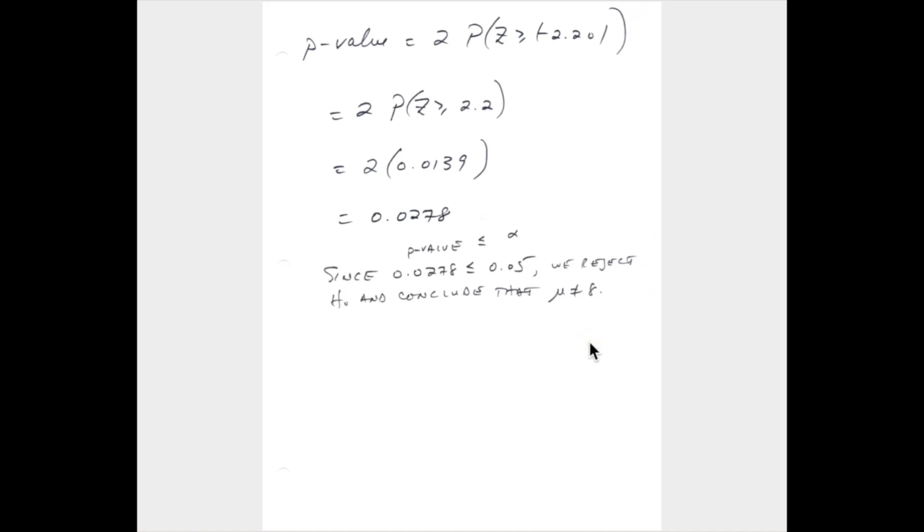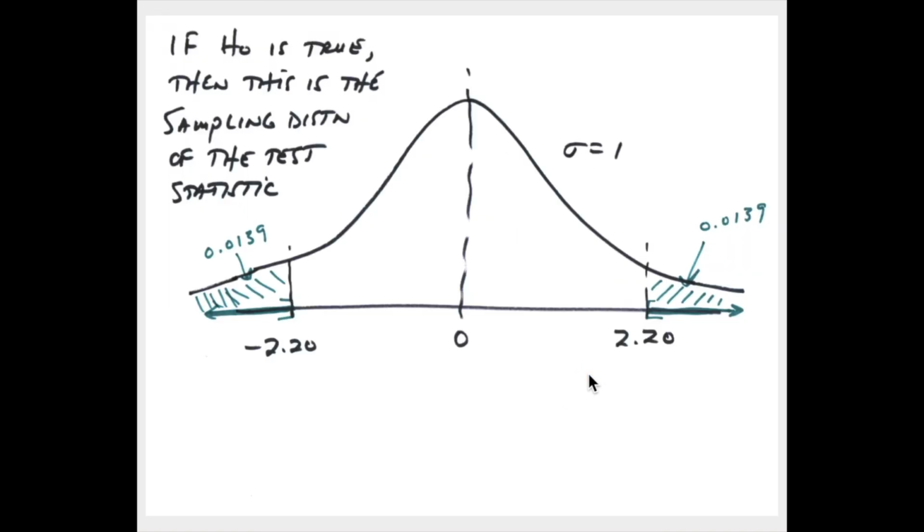Now, let me show you graphically what this p-value of 0.0278 represents in this context. This is just a very roughly sketched graph. If the null hypothesis is true, then the sampling distribution of the test statistic zcalc is a standard normal distribution. So this is my attempt at drawing a standard normal curve.